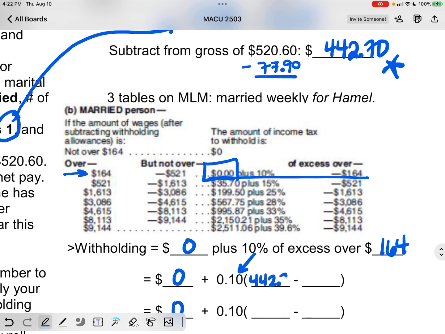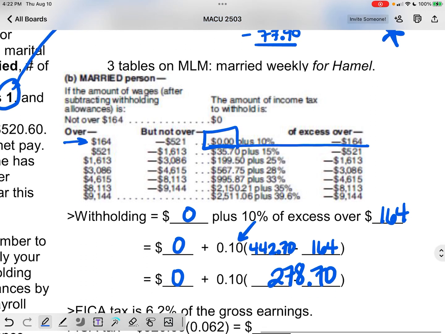This will be $442.70, and we're subtracting $164. That's going to put us at $278.70, or 0.7 if you prefer. Performing that calculation all together, you're going to be at $27.87.